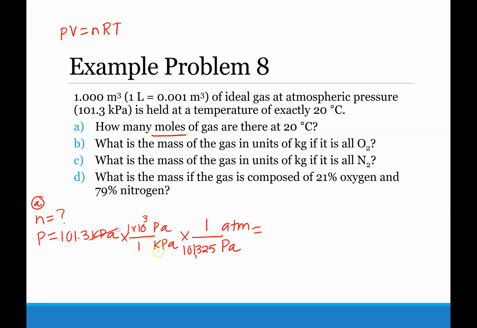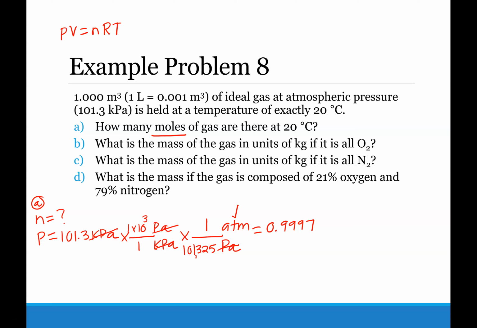And so kilopascals cancels, pascals cancels, and you're left in ATM. So in your calculators, you should type 101.3 times 1 E to the third divided by 101.325, and you'll end up with 0.9999. So I'm just going to end up keeping it as 0.9997 since a lot of these numbers carry over.